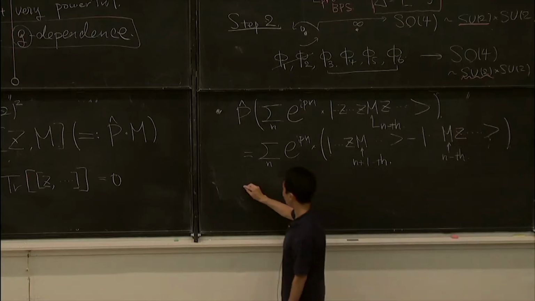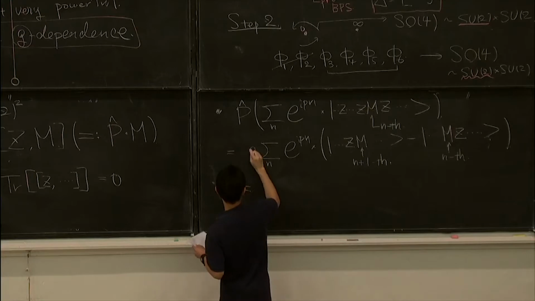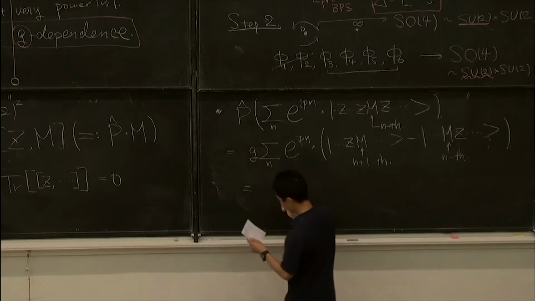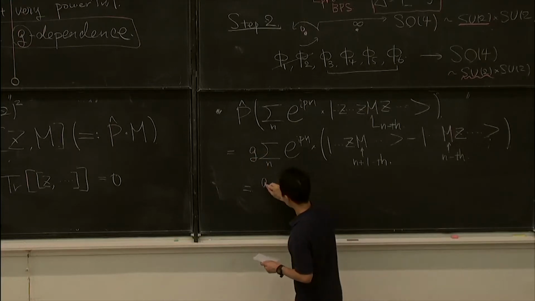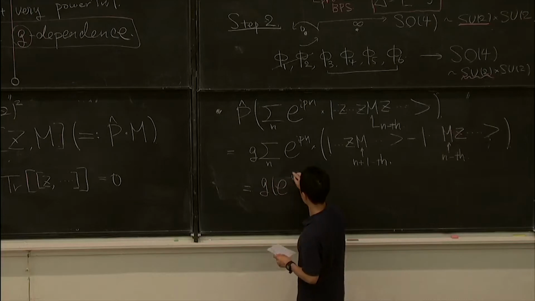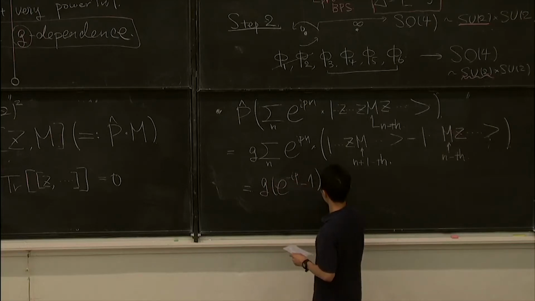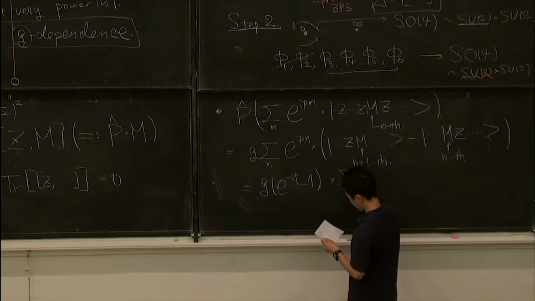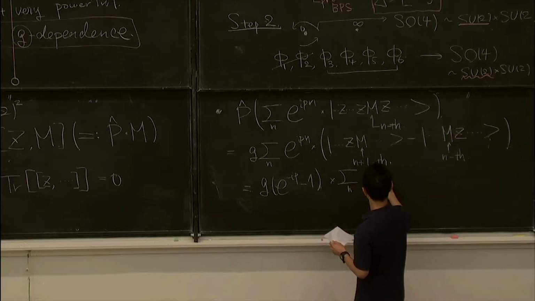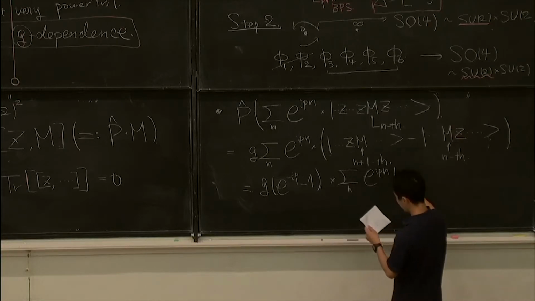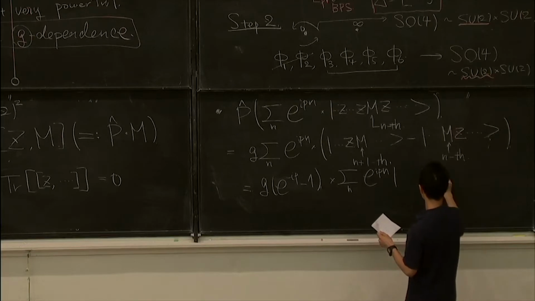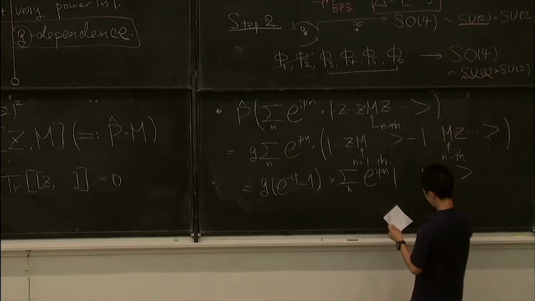Okay, so I was forgetting about g, which is very important, which is the coupling constant. So you can further rewrite it in this way, just shifting n in the first term.